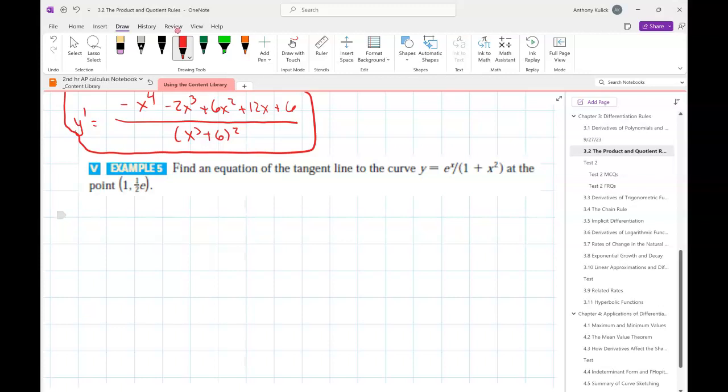So the derivative y prime, again, I'm going to think about this as numerator and then denominator. The derivative of e to the x is, and the derivative of 1 plus x squared is.